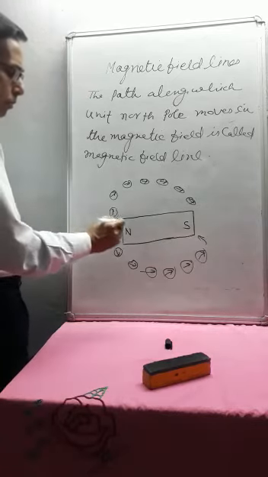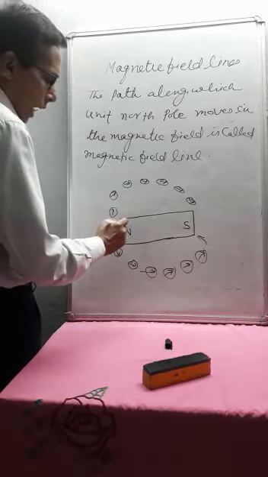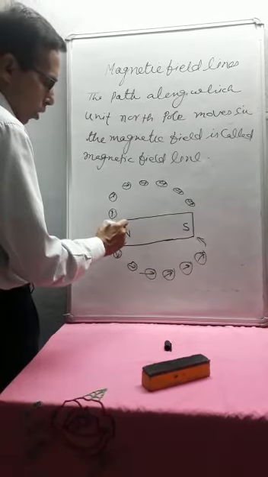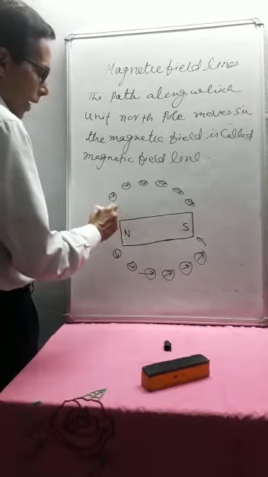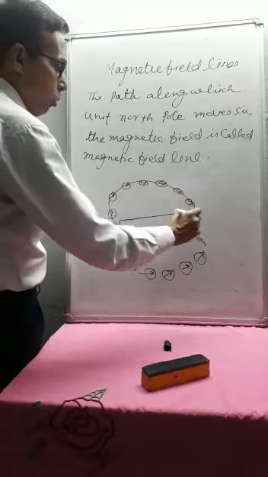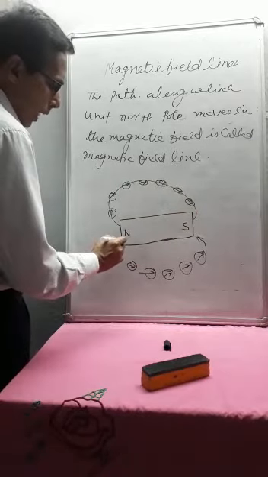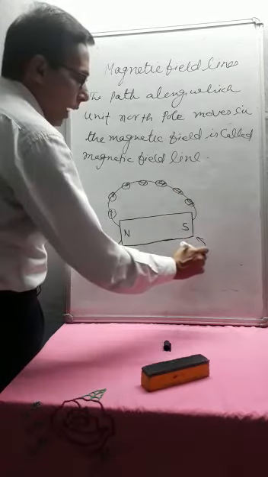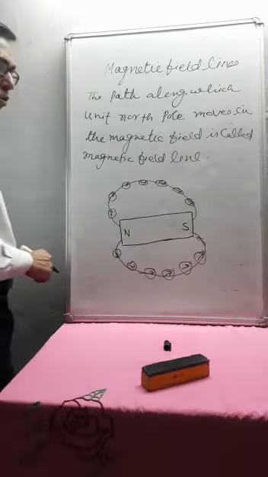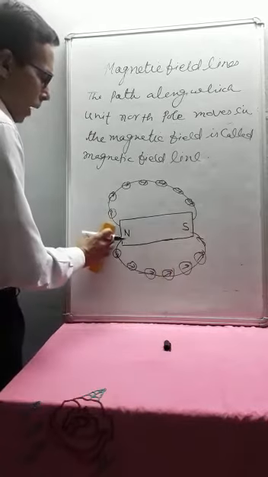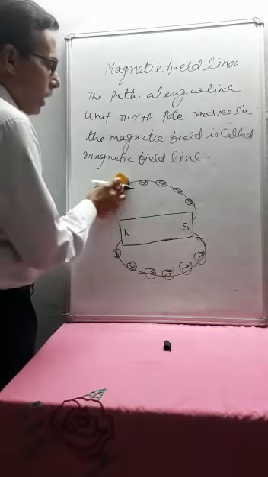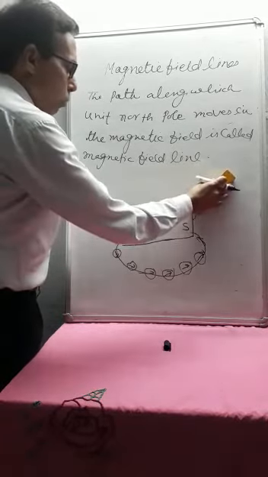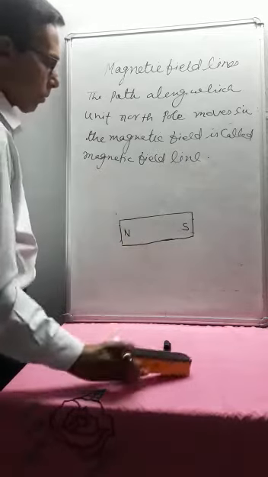Then what you observe, the magnetic field lines start from the north pole and terminate at the south pole. Here also the magnetic field line starts from the north pole and terminates at the south pole. So the magnetic field lines originate from north pole and terminate at the south pole in a bar magnet.